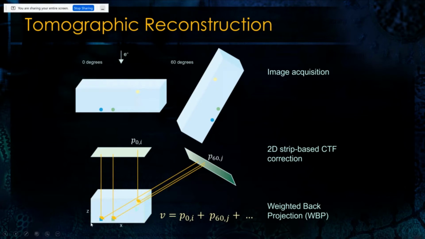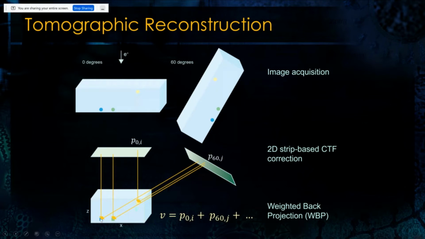And then what happens in the reconstruction is very simple. You have your tomogram, and for each voxel in the tomogram, you find out for each projection where it should land, so which pixel from this projection should correspond, and add it to the value of this voxel.